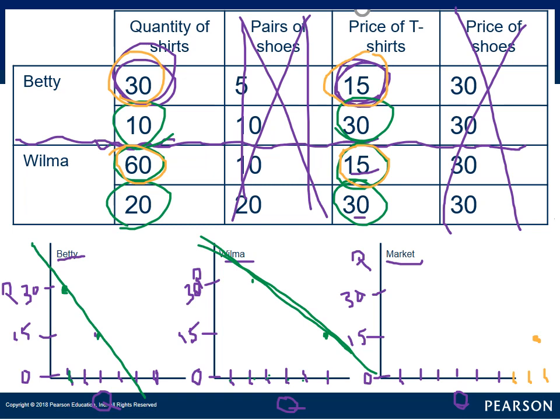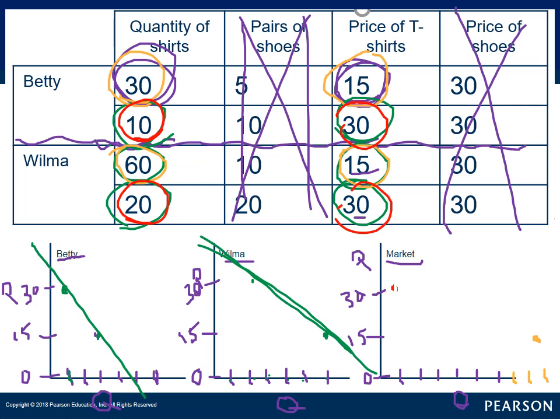And then if we go up to the $30 price range, we have 10 shirts plus Wilma's 20. So that's going to be 30 at the, 10 plus 20 is 30 at the $20. I'm sorry, I have that in the wrong spot. I'm putting the 30 in the wrong spot. So let me just rephrase that really quickly.